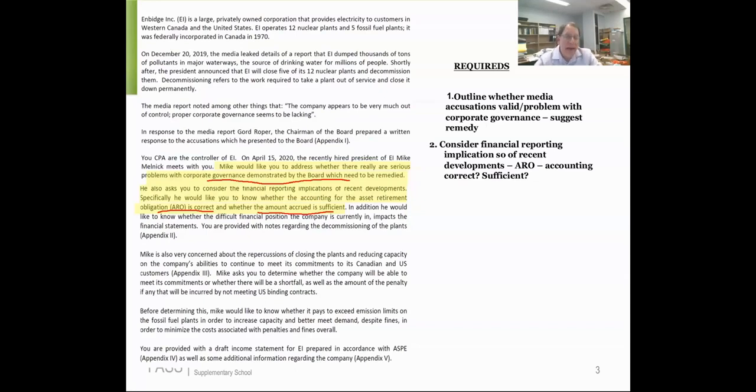I think it's representative, and that's why we're doing it. Does everybody understand what we did here? We told you two things about the ARO: how to account, I want to know if it's correct, and whether the amount is sufficient. I call that being pretty nice. We're really giving you guidance here on what we want you to deal with. Everyone good?